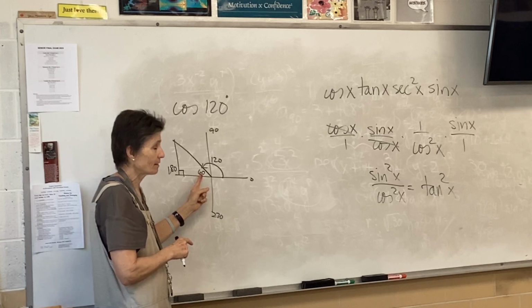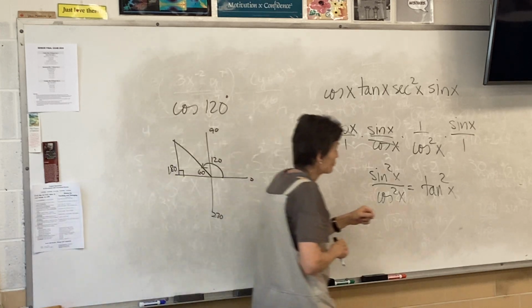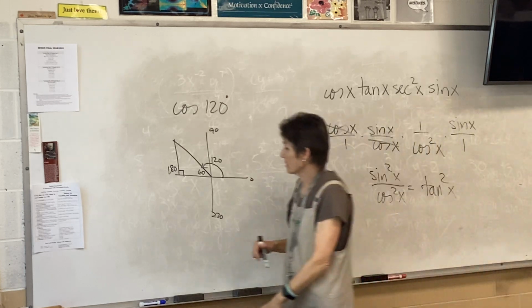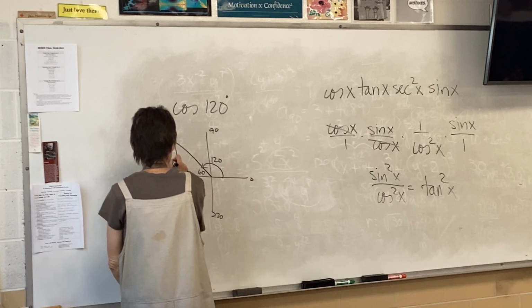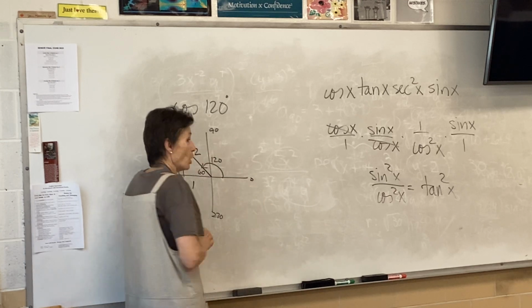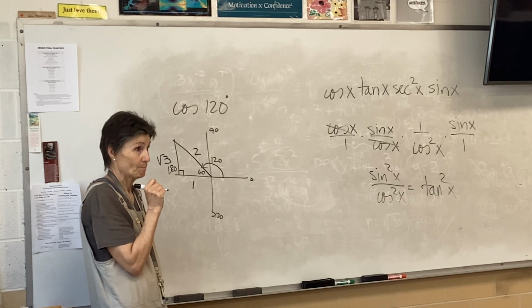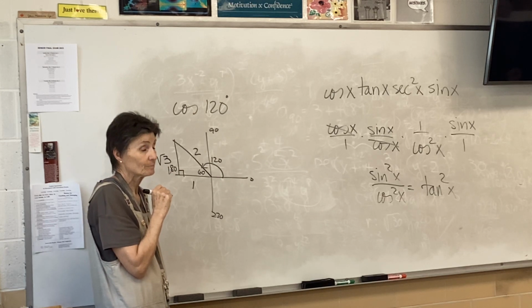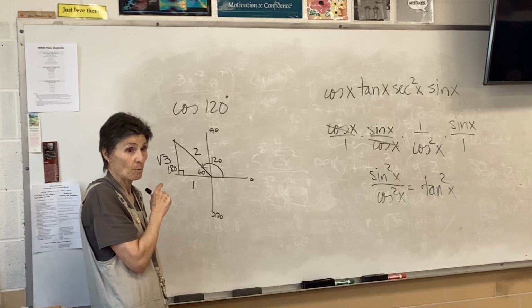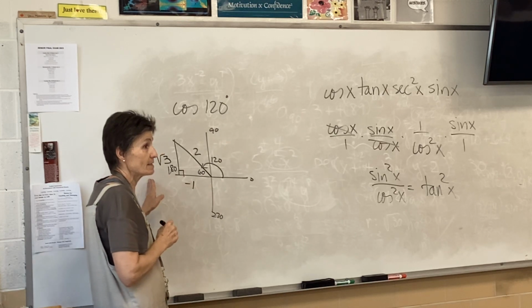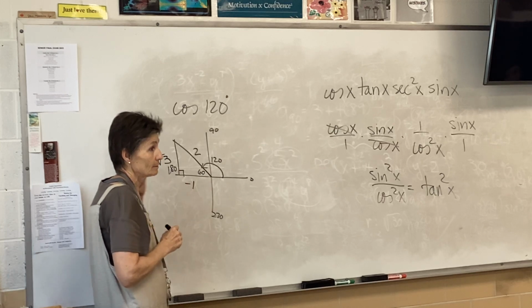That's just logic. Now, look at your reference sheet. Right there is a 30, 60, 90 triangle. So the labels on a 30, 60, 90 triangle are those. The only thing you have to remember is sometimes we have negatives. In this problem, we're going to have a negative right here because of where that angle is. This is the origin. Left is negative.